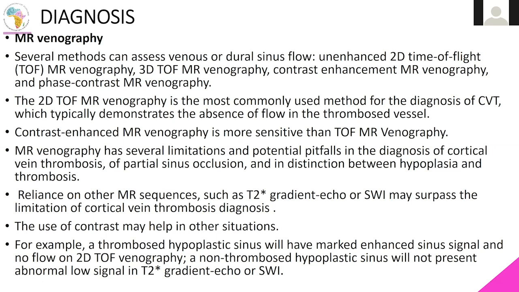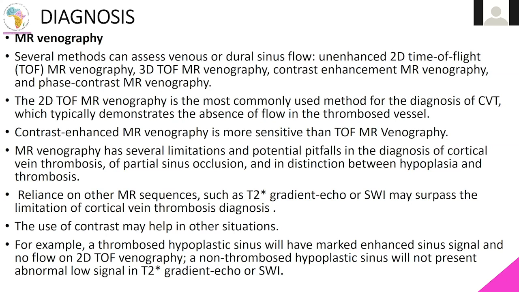MR venography has several limitations and potential pitfalls in the diagnosis of cortical vein thrombosis, of partial sinus occlusion, and in distinction between hypoplasia and thrombosis. Reliance on other MR sequences such as T2 gradient echo or SWI may surpass the limitation of cortical vein thrombosis diagnosis.